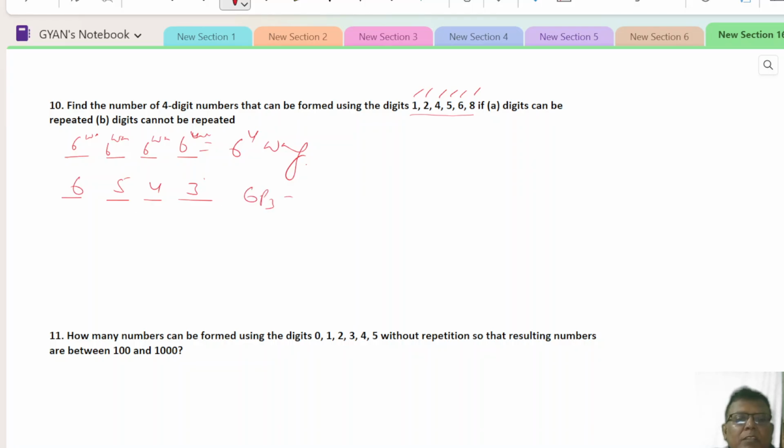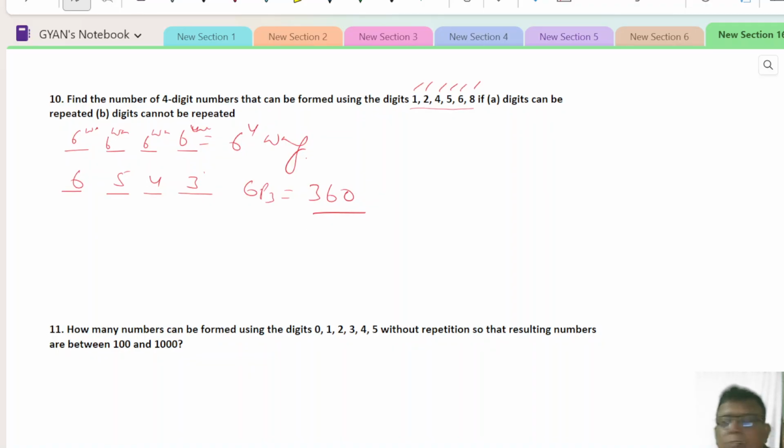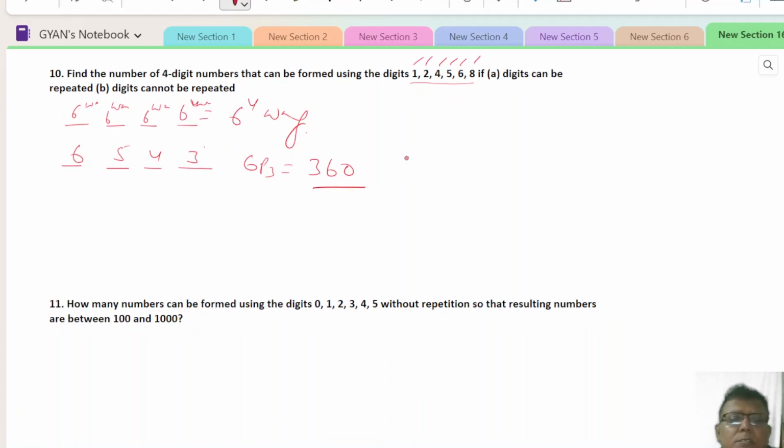That is 6P3, so that is equal to 360. 6P3 is factorial 6 divided by factorial 6 minus 3, that is factorial 6 by factorial 3.